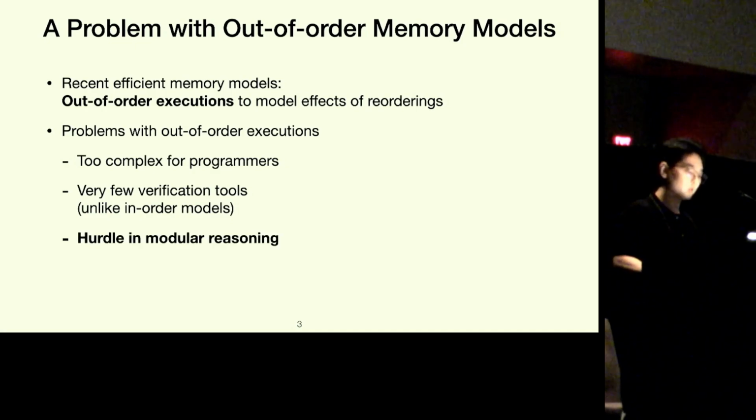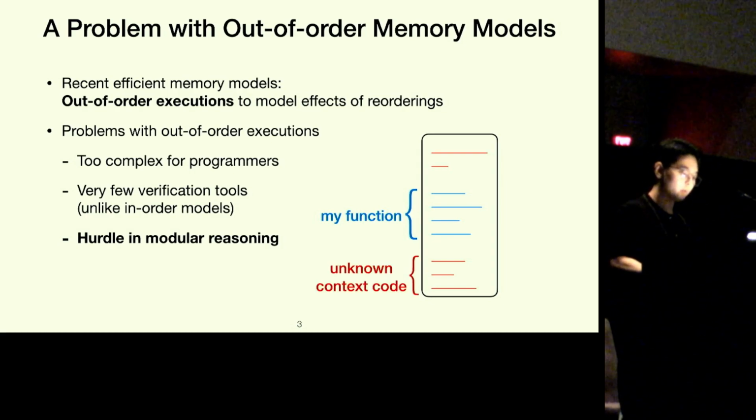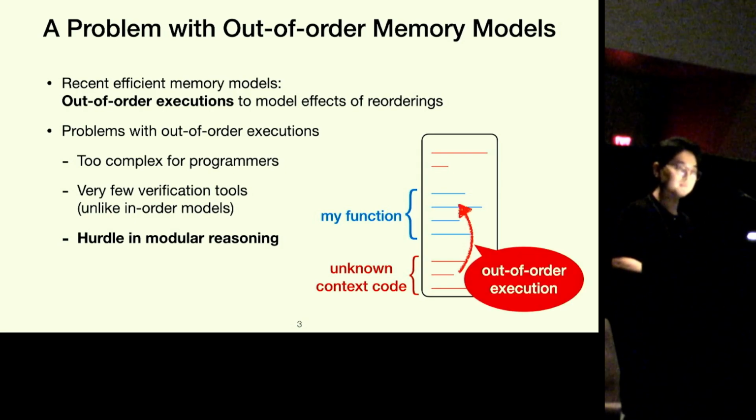Indeed, out-of-order executions are a huge hurdle in modular reasoning. Suppose that I'm reasoning about a library function that I developed. Then I want to reason about my code modularly, ignoring the unknown context code. However, out-of-order executions hinder such modular reasoning, because even when reasoning about my code, I have to consider the early execution of unknown future instructions.